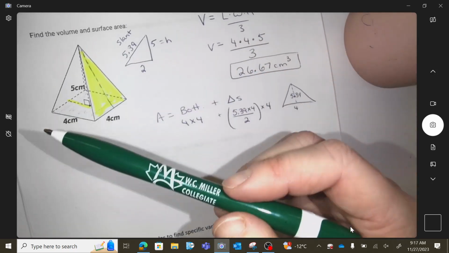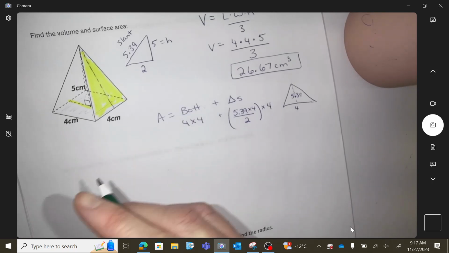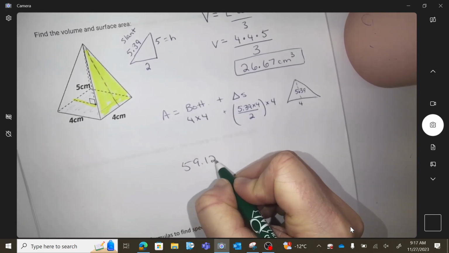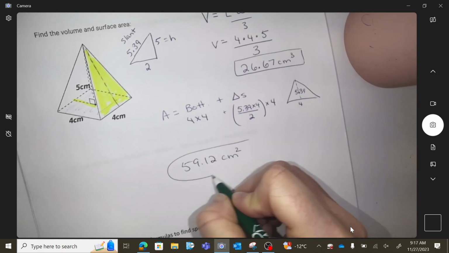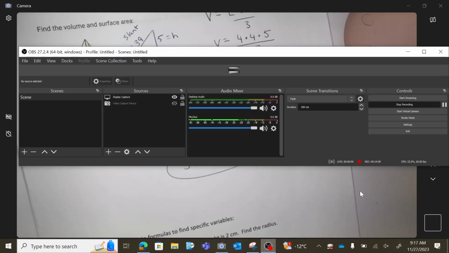When you look at that triangle flat. Make sure your number matches to 2 decimals.